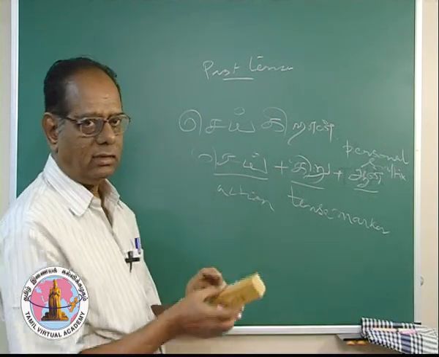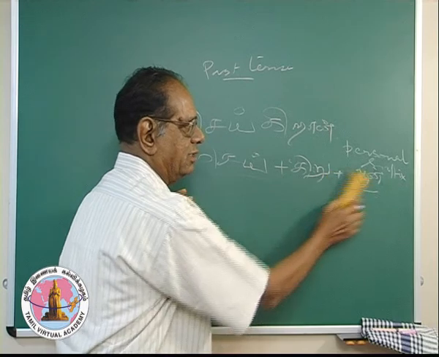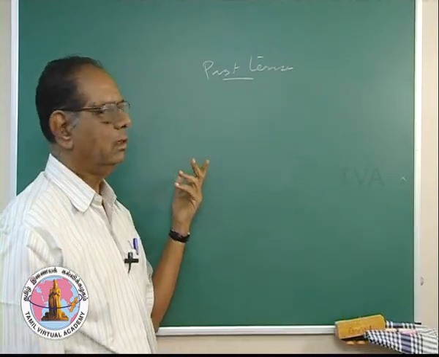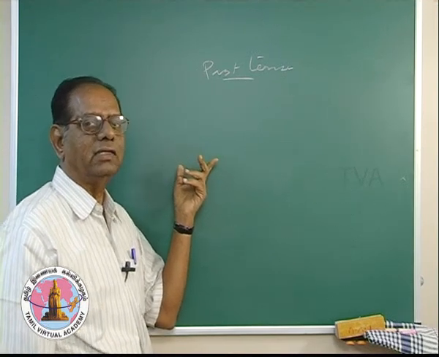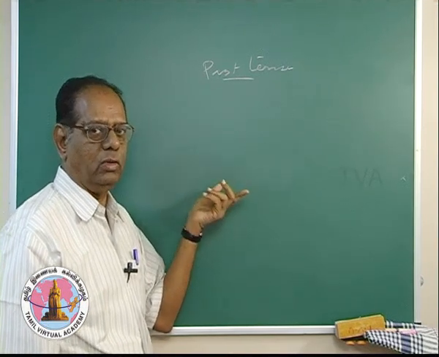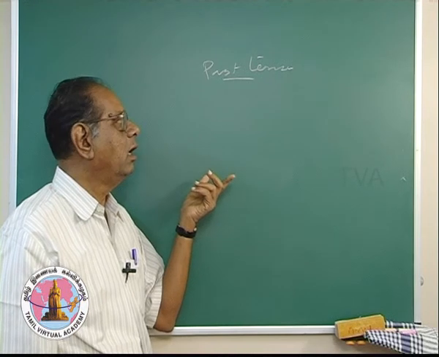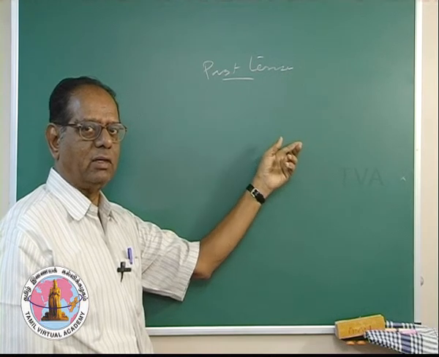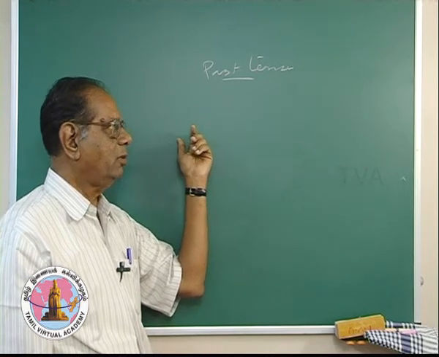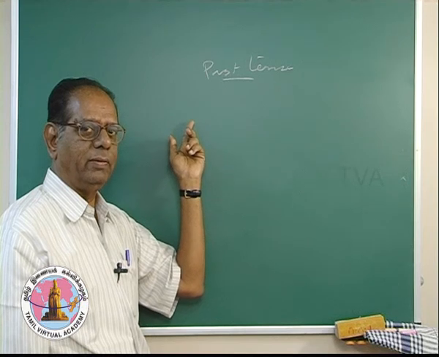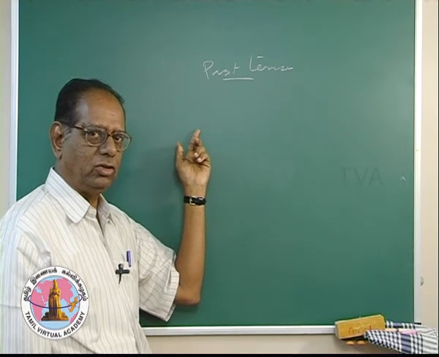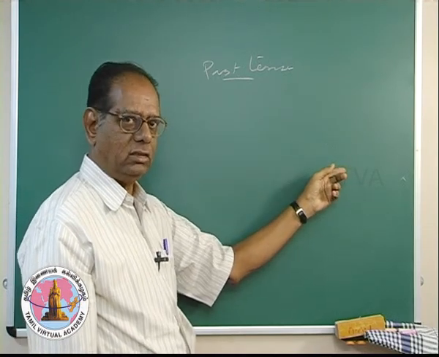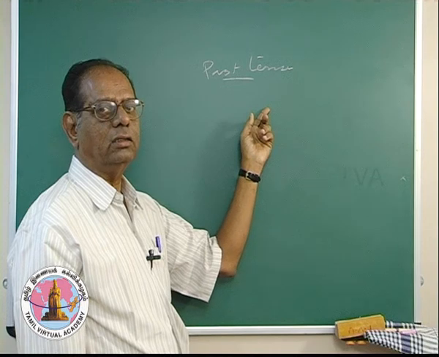Now, when we start discussing the past tense, we have to remember that there must be three parts in the past tense finite verb also. The action part, the tense marker, and the person marker. The action part, that is root verb, may change, and the person marker may change, but not the tense marker.